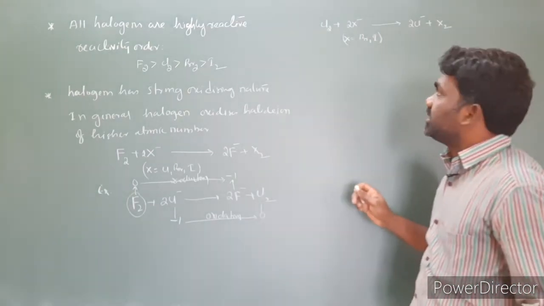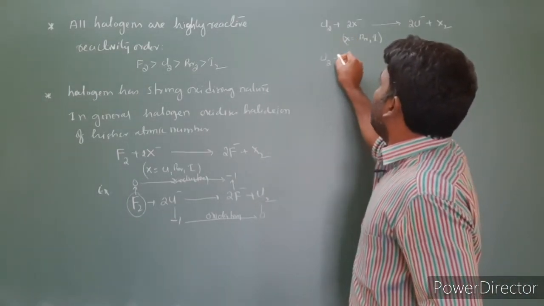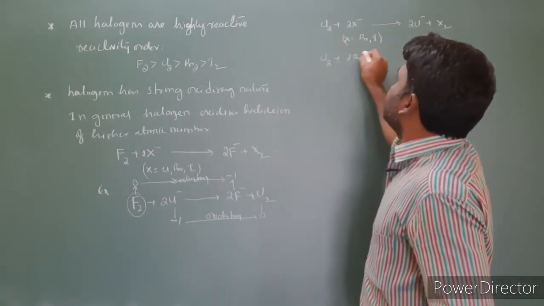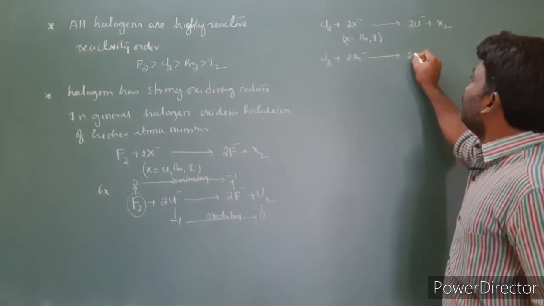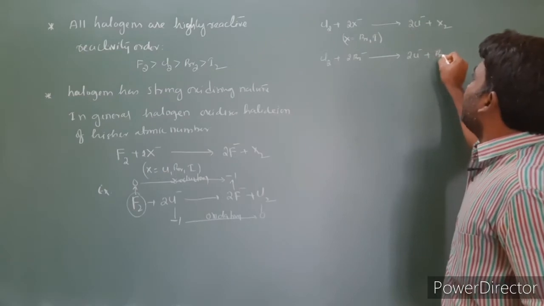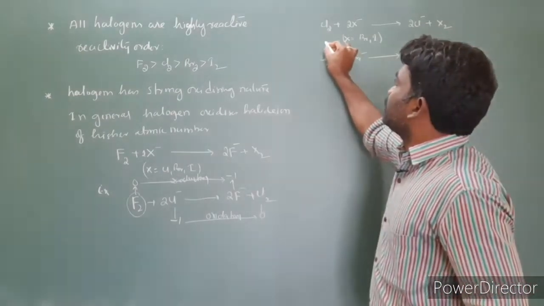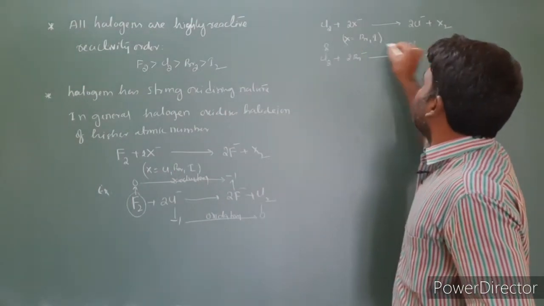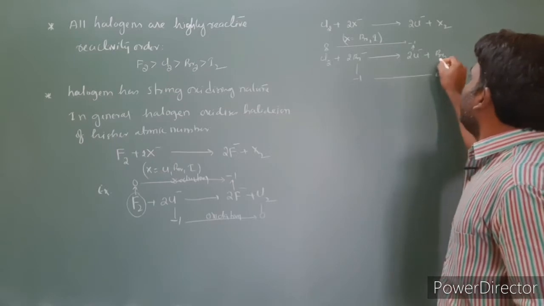I think you got what I mean. If you want to take one example, Cl2 plus 2Br- gives 2Cl- plus Br2. Look at this: chlorine's oxidation number is 0 and here it is minus 1. Bromine's oxidation number is minus 1 and here it is 0.